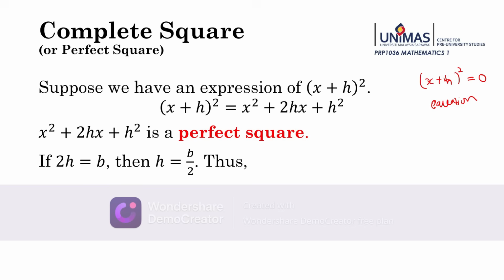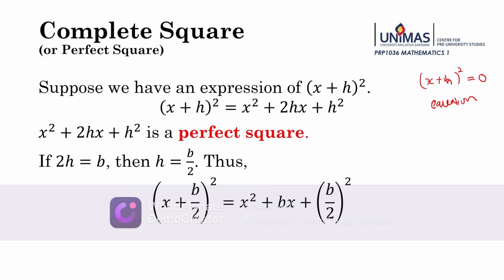So if you compare with the standard form, your 2h will be equal to b, and then your h equal to b over 2, and therefore we will get this equation after we substitute your h with b over 2.